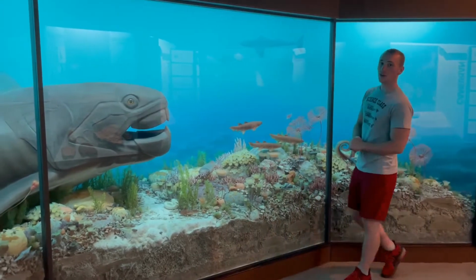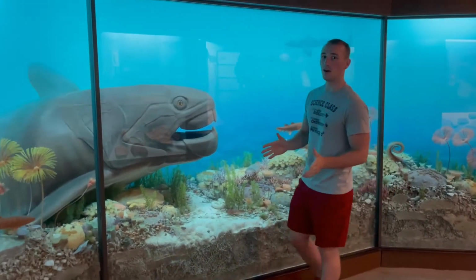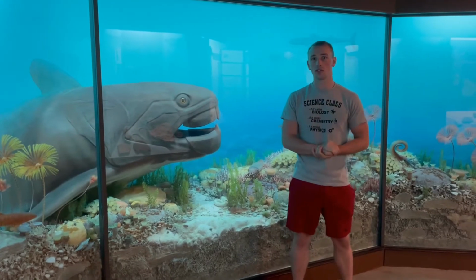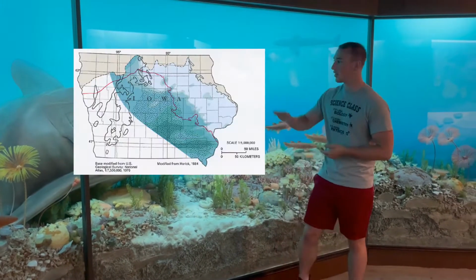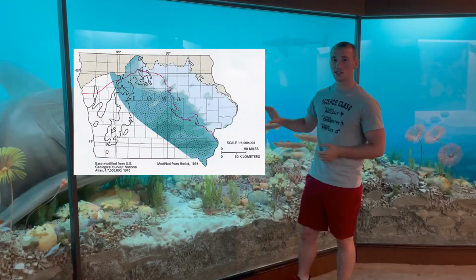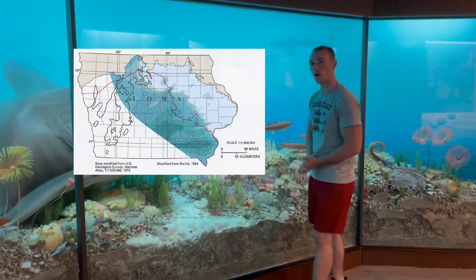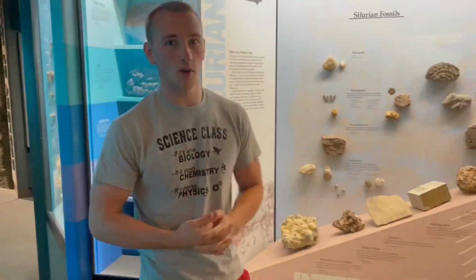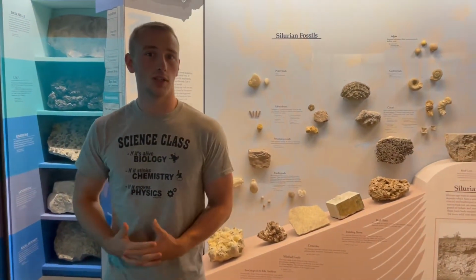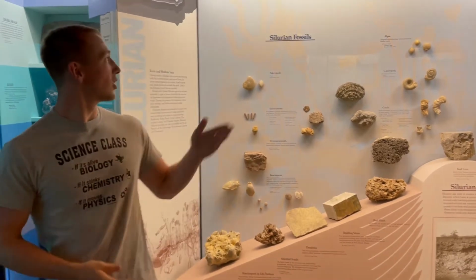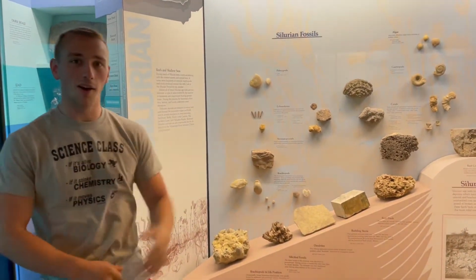So, as we know, most of Iowa, as well as Maquoketa, was formed with rock underneath these shallow seas that existed throughout Iowa. Now, shallow seas are very important for forming a certain mineral that we're going to call limestone. And the Maquoketa region especially was formed during the Silurian era.